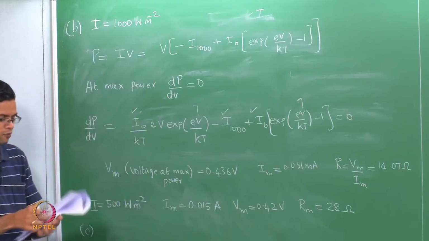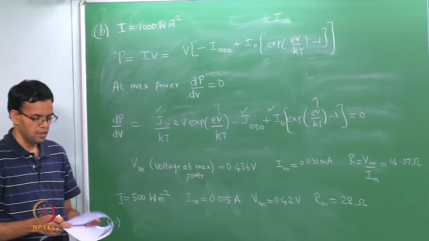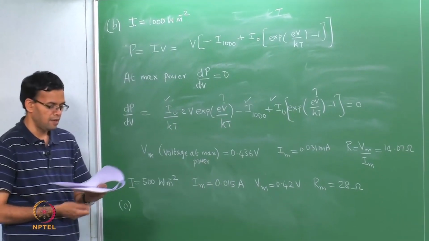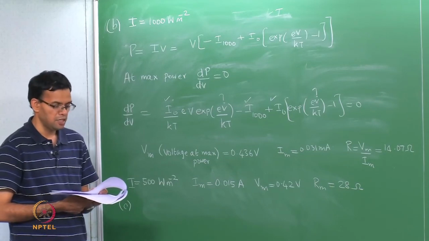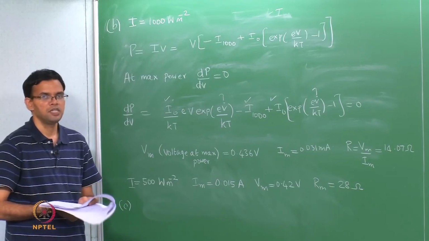So, the last part of the question, part C. So, we need to connect solar cells in order to drive a calculator. The calculator is to be used at a light intensity of 500 watts per meter square.